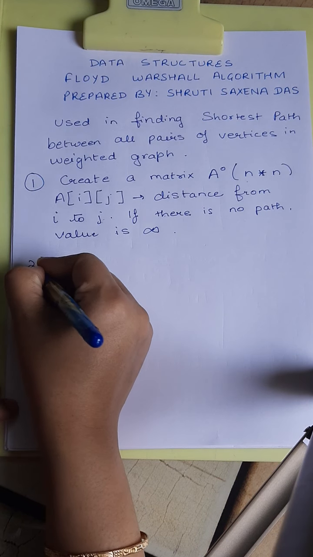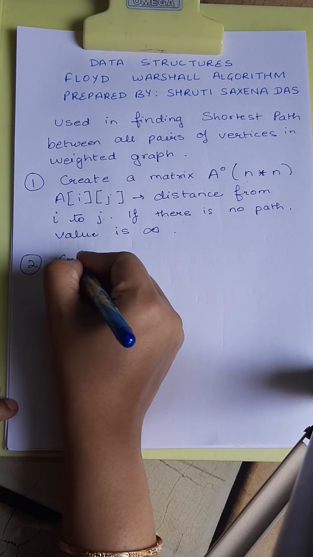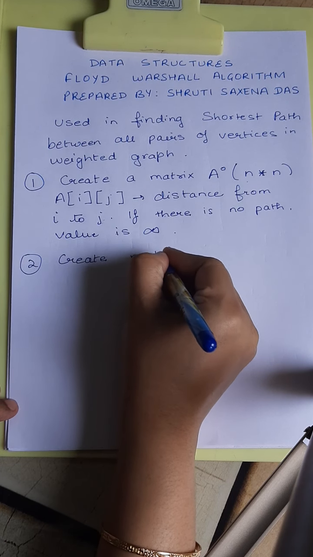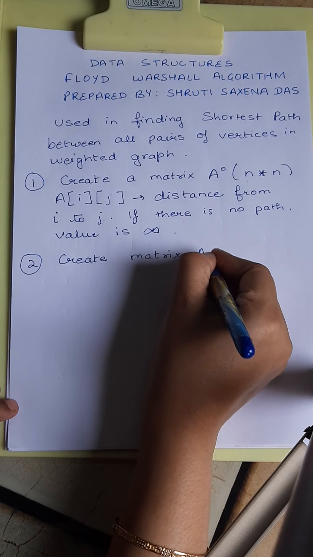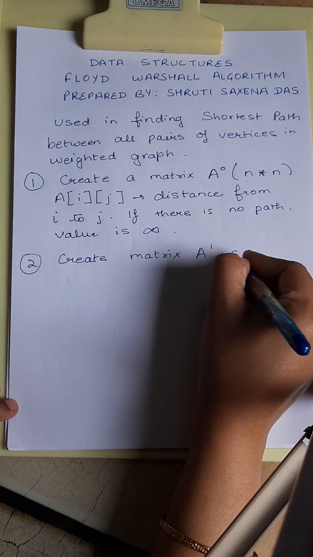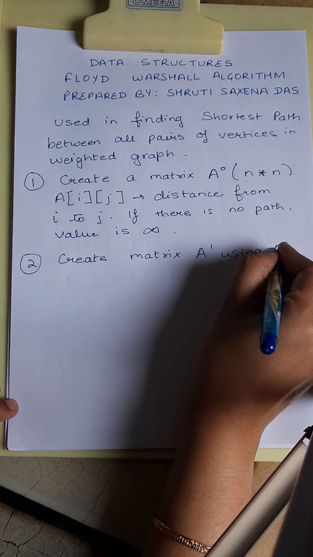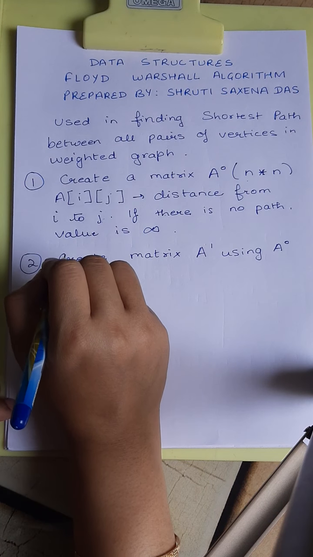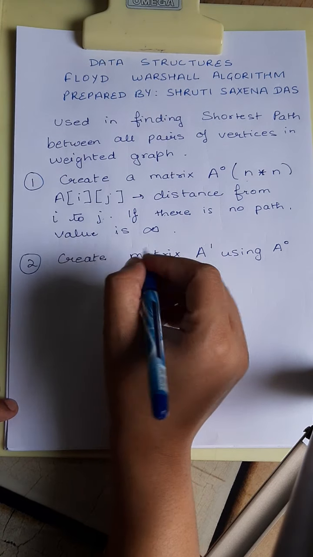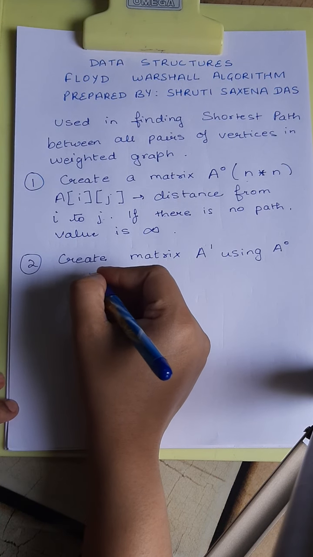The second step is you have to create matrix A1 by using the matrix A naught. Elements of the first row will be left as it is.